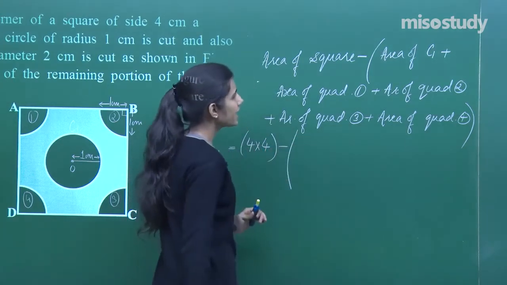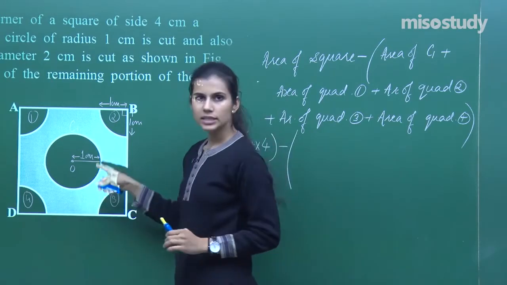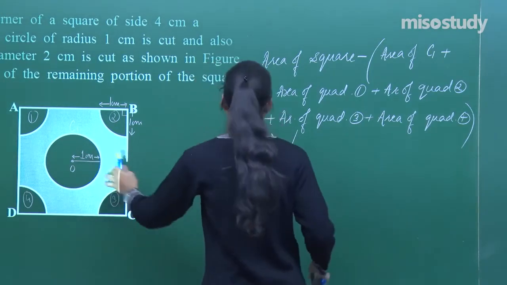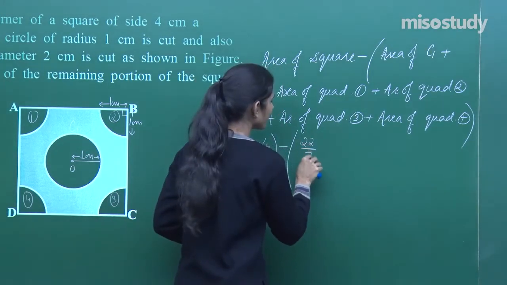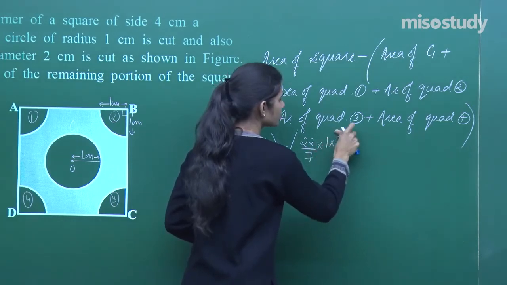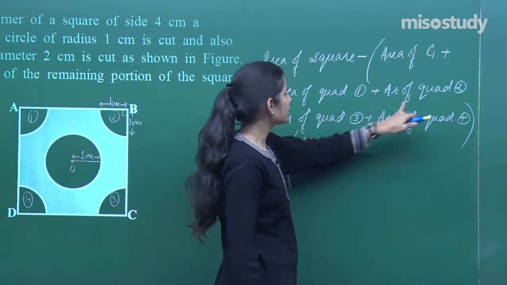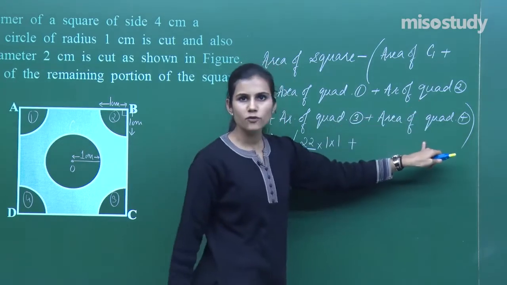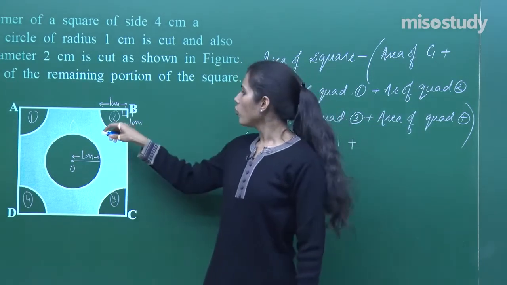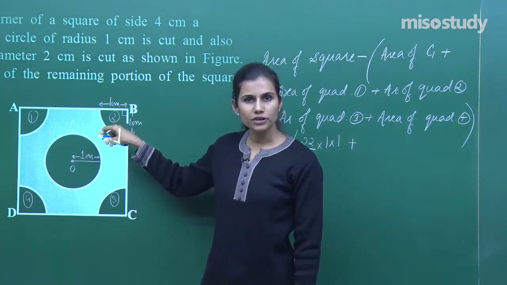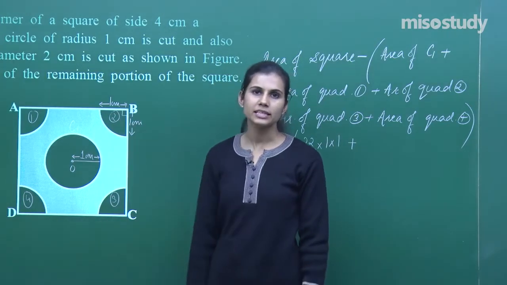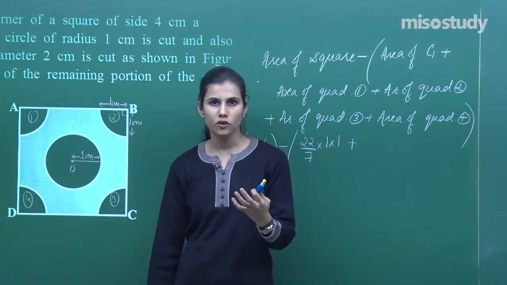Remove from it area of circle 1. Area of this circle is pi r square, radius is 1 centimeter, so pi r square. Then area of the first quadrant plus area of second quadrant plus area of third quadrant plus area of fourth quadrant. Area of a quadrant of a circle of radius 1 centimeter is given by 1/4 of area of that circle.